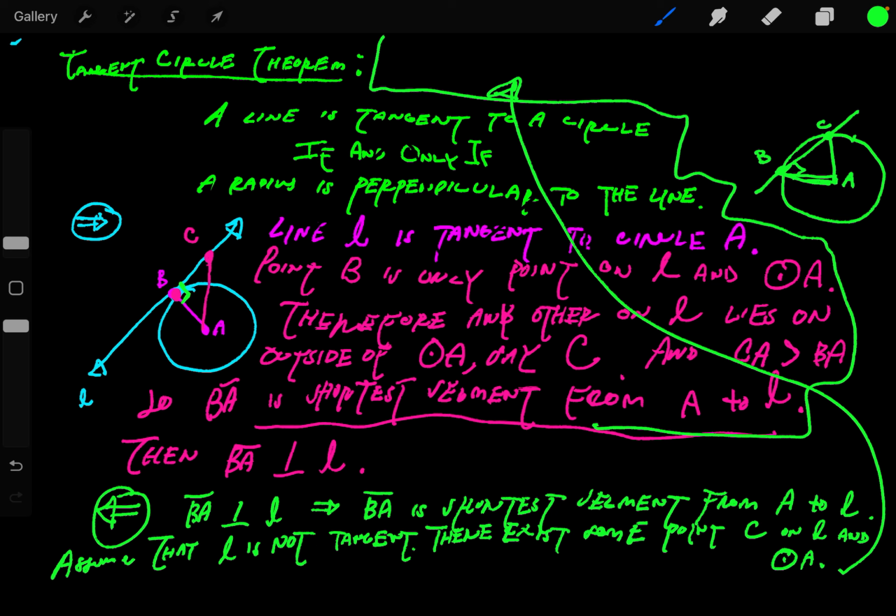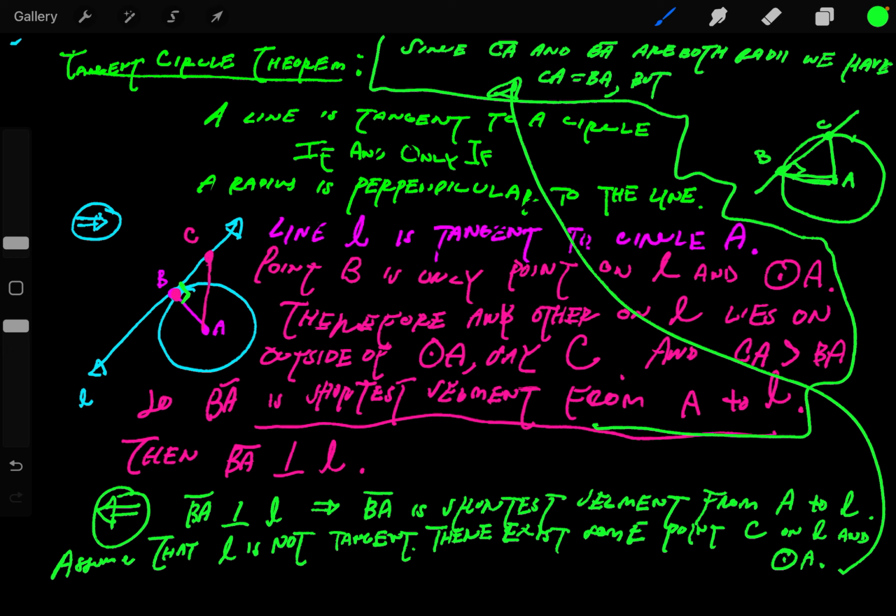But also, since CA and BA are both radii, we have that their lengths are equal. So we have CA is equal to BA.